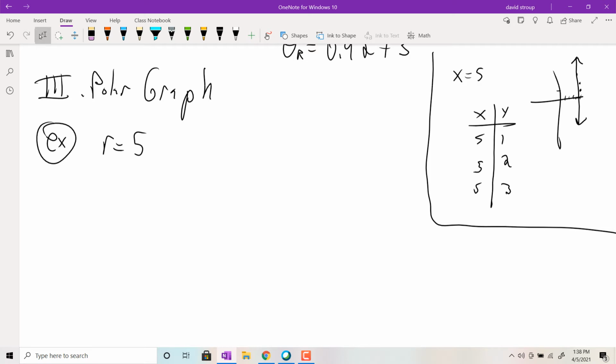Basically, you can always do a table. Usually they do their tables sideways for polar graphs for whatever reason. So you'd have 5 at, whoops, the r is 5, not theta. So you get 5 and then 0. Just go at pi over 4 or something.